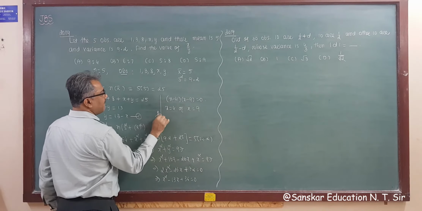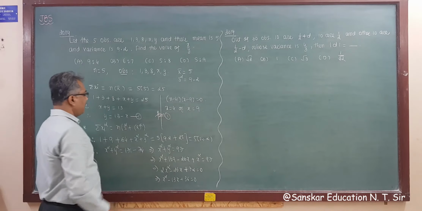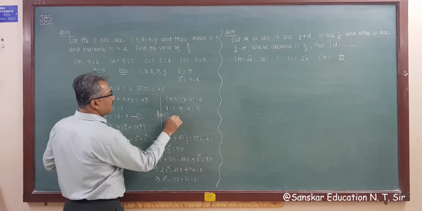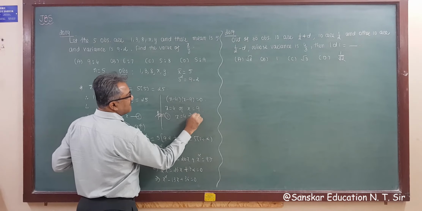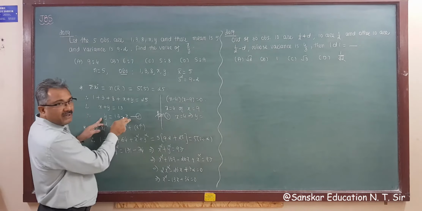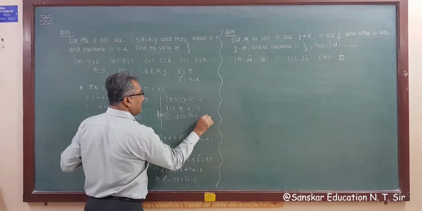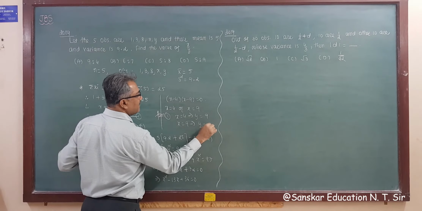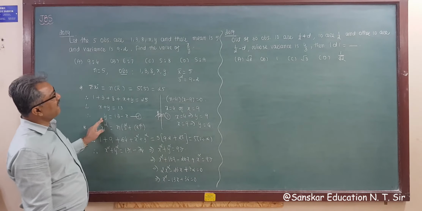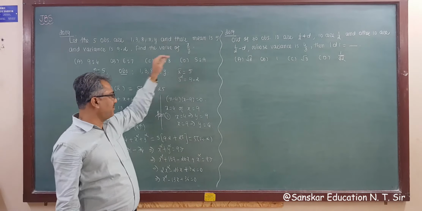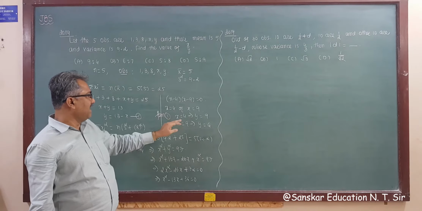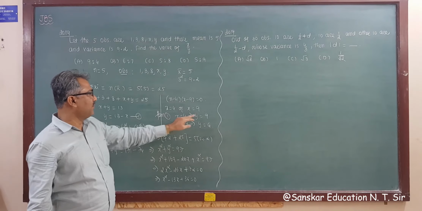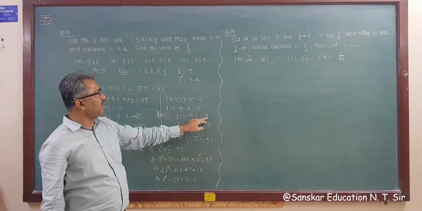From equation 1, if x is equal to 4, this implies y is equal to 13 minus 4, that is 9, and if x is equal to 9, this implies y is equal to 4. So we have to find the ratio of x upon y. So x upon y is, if we take 4, then y is 9, so 4 upon 9.